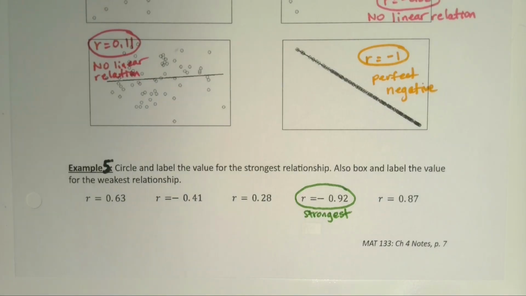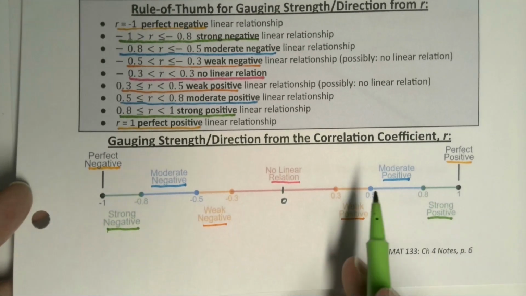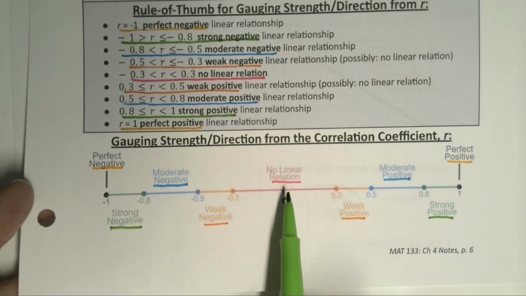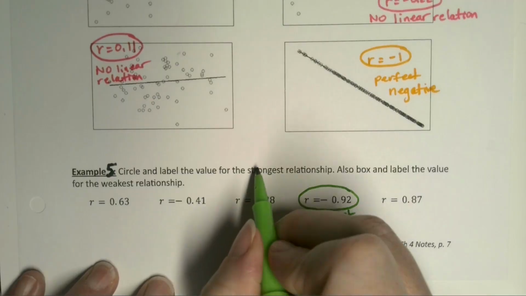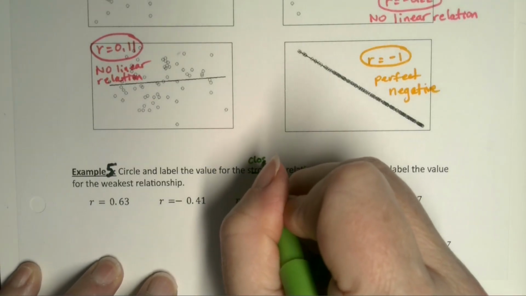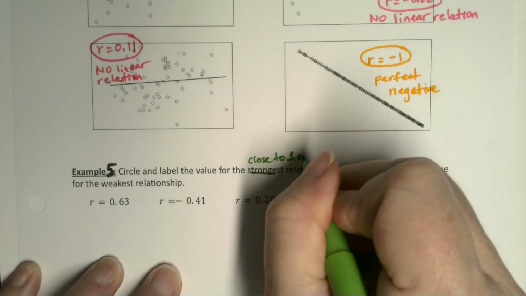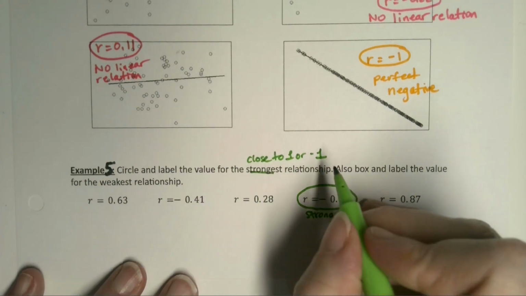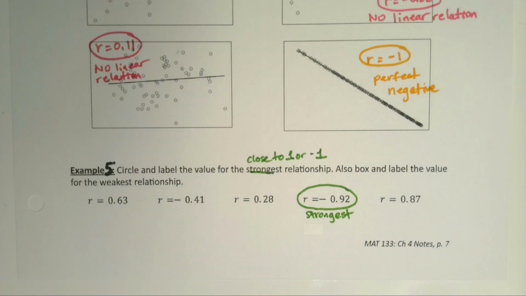All right, now what about the weakest? Well, the weakest would be the closest to 0, right? The closer you are to 0, the weaker you are. So if you think about the strongest, it's close to 1 or -1, right? The negative just means that it's negative, but it doesn't change the strength. When you want the weakest relationship, you want the one that's closest to 0.